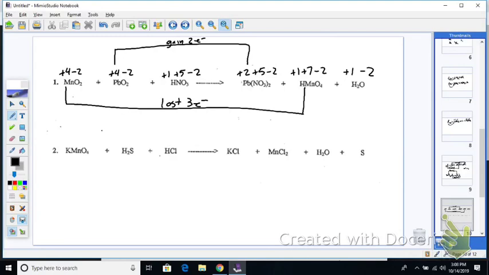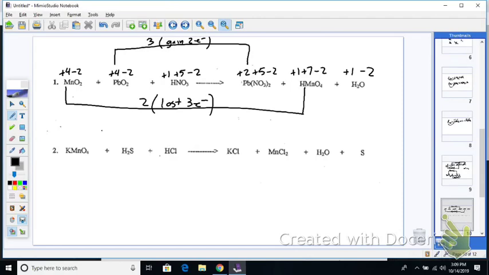How many manganese are we talking about? 2. We have to have 2. We have to meet that. And then lead we have to have 3. Is that what you guys have? Yep. Okay, so then you make sure that those numbers work.